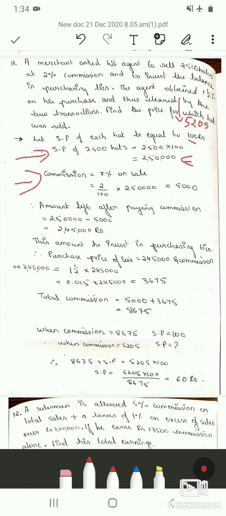Now we know commission is equal to rate percent on sale. For hats the agent gets 2% commission, so 2 divided by 100 into the amount obtained, 2,50,000. Simplify, we will get it as rupees 5,000. So this was the commission paid to the agent.